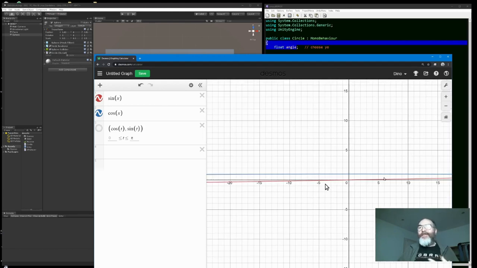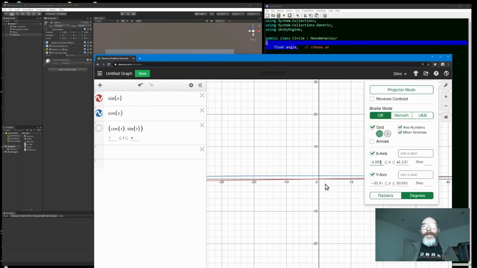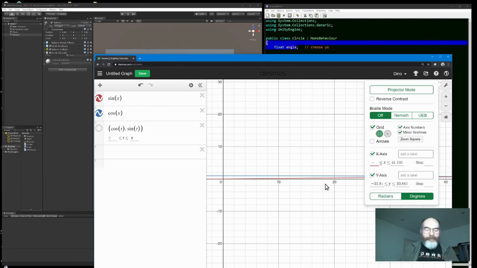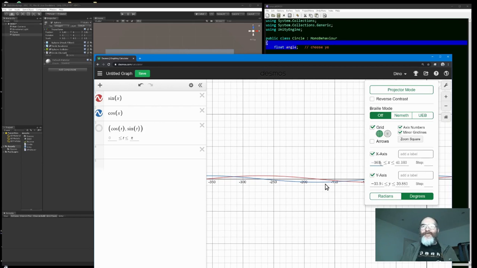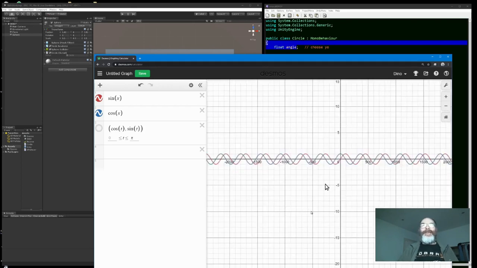Down with degrees. Look, this is a nightmare. This is why mathematicians don't use degrees, because you try and draw a graph, and you know what you need to do? You need to go over here and change the x-axis to go from, say, minus 3,600 to 3,600 degrees.